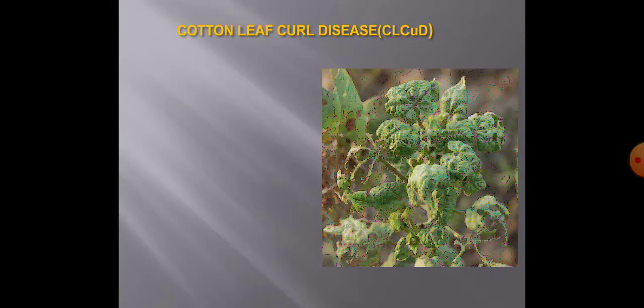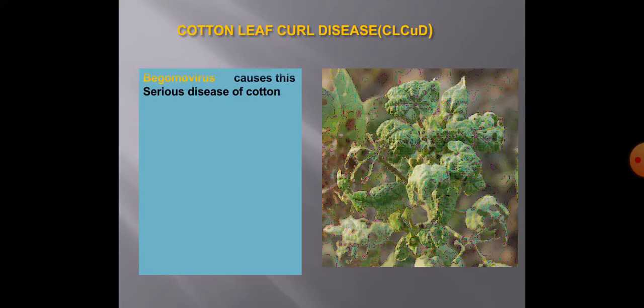Next is the cotton leaf curl disease. Cotton leaf curl disease is a serious disease of cotton, and it is caused by the cotton leaf curl disease complex of viruses which are found in the Indian subcontinent, and these are begomoviruses transmitted by a vector called the whitefly, scientific name Bemisia tabaci.